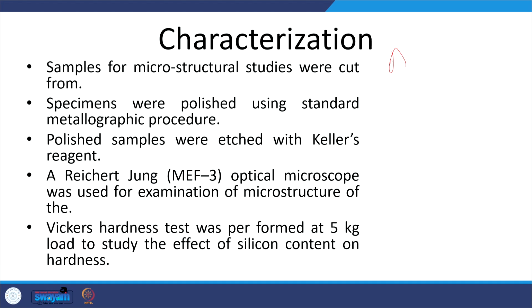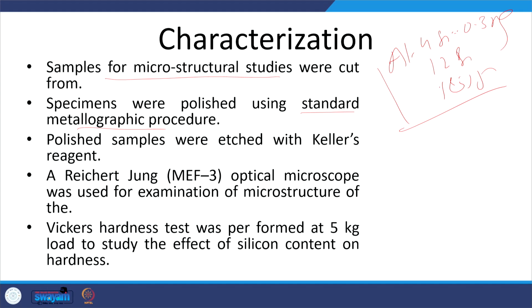And these three aluminum silicon alloys, say 4%, 12% silicon and 18% silicon, were then prepared for microstructural study using the standard metallographic procedure. Initially they will be doing the grinding.